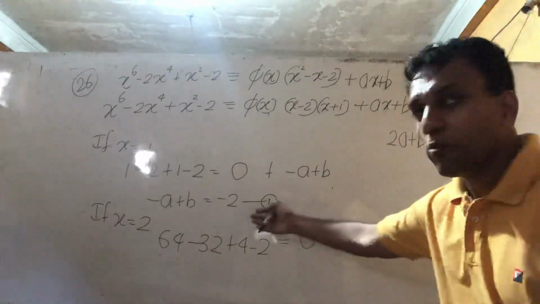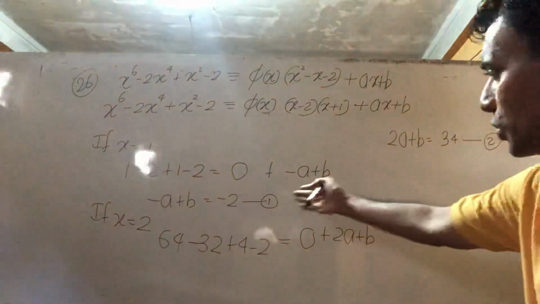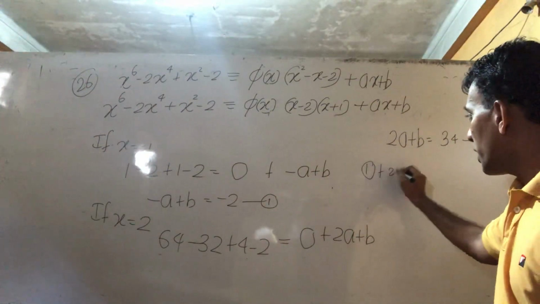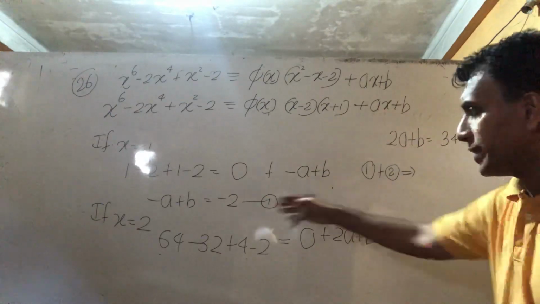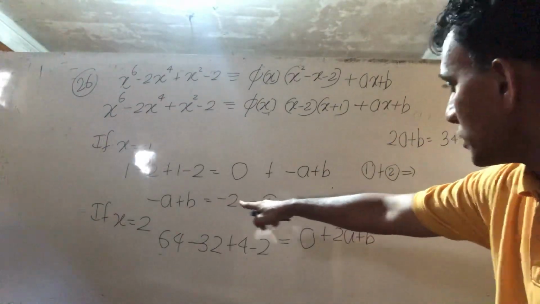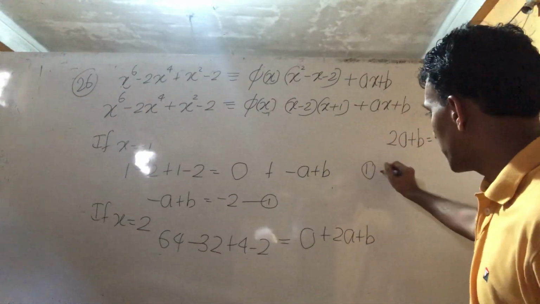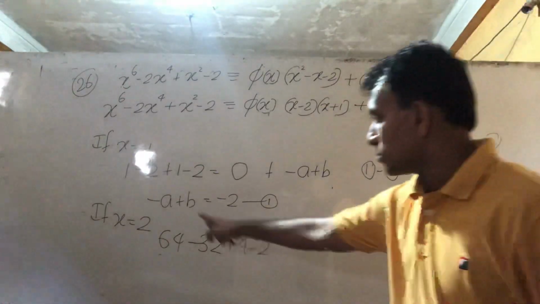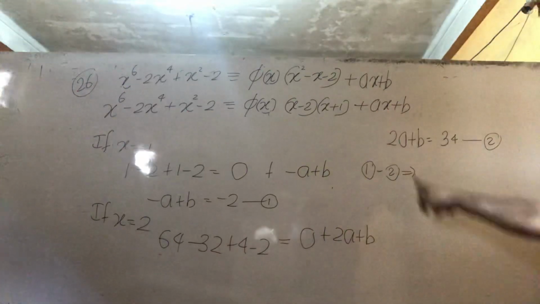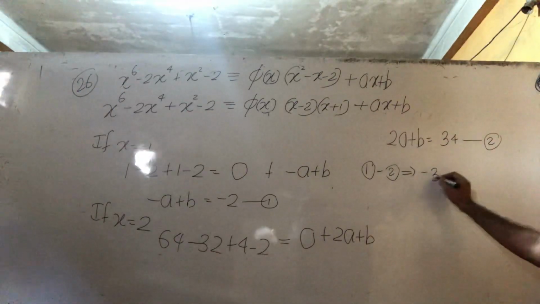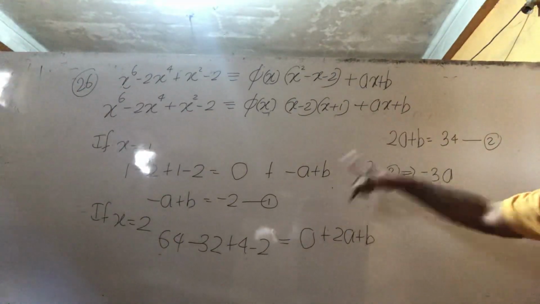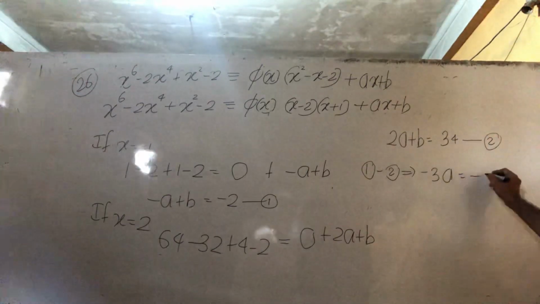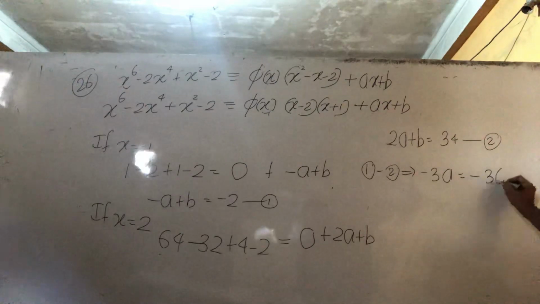Now these are your two equations. So, if I add both, 1 plus 2 gives you what? Subtract to cancel b. Minus a, minus 2a, minus 3a, b cancels, minus 2 minus 36, is it?